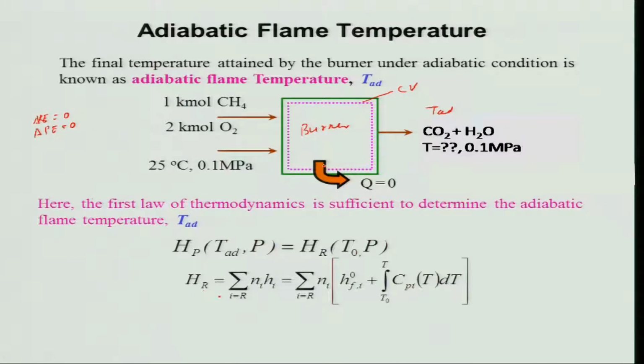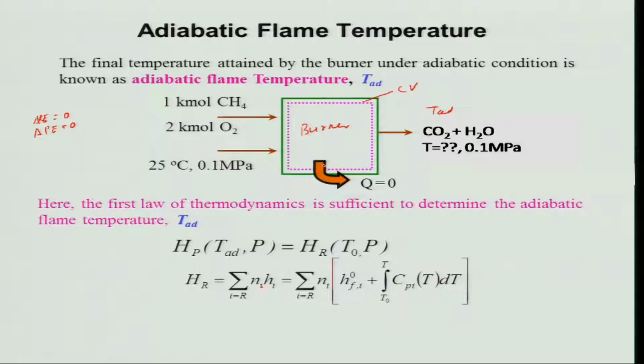And what about the heat of reaction? It is basically the sum of Ni Hi, where Ni is the number of moles of each participating reactant. In this case, it is methane and oxidizer, whereas Hi is the enthalpy of the individual species.